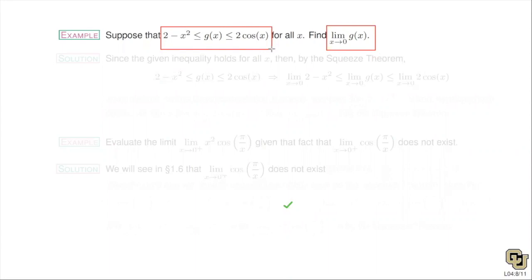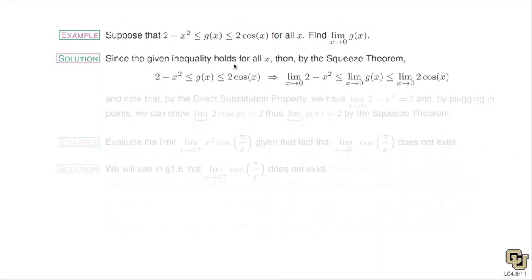Given an inequality that g of x satisfies, and given that we're trying to find a limit, the only option left is to try the squeeze theorem. By the squeeze theorem, if the function satisfies an inequality, the limits of the functions will satisfy that inequality also. So from here, I just added the limits.